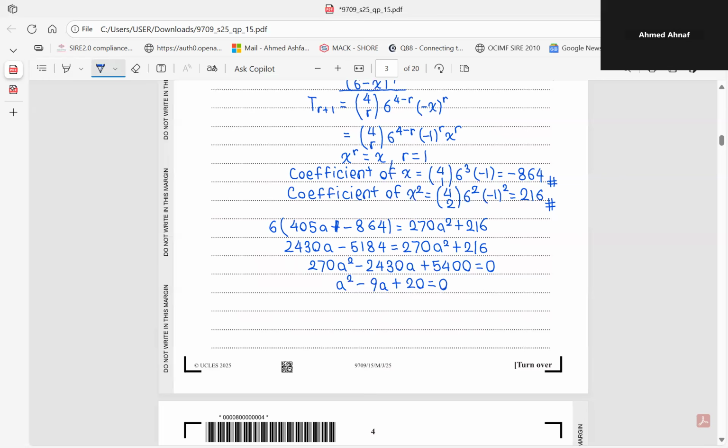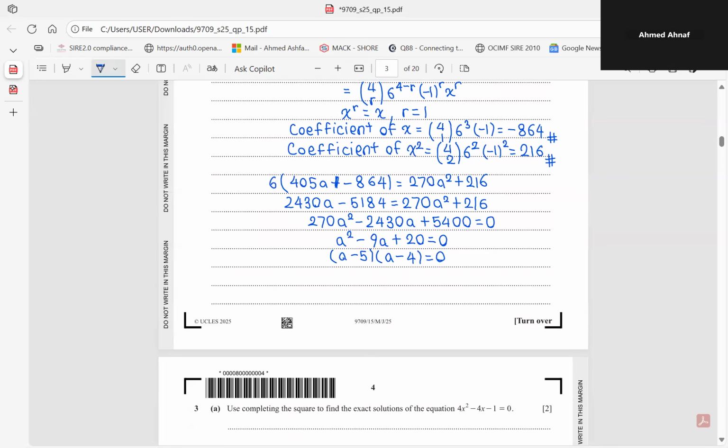So now we can finally solve this. You can either factorize or use the quadratic formula. So I'm gonna try factorizing first. Okay, so I got a minus 5 times a minus 4 equals to 0.